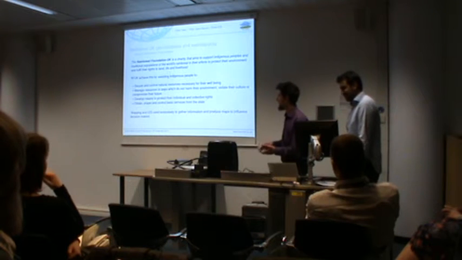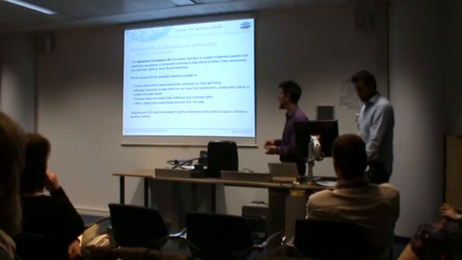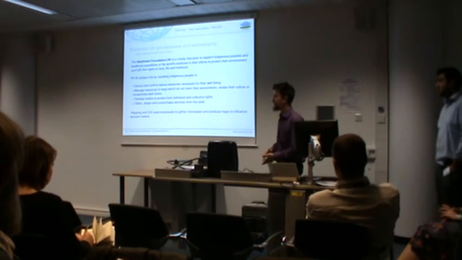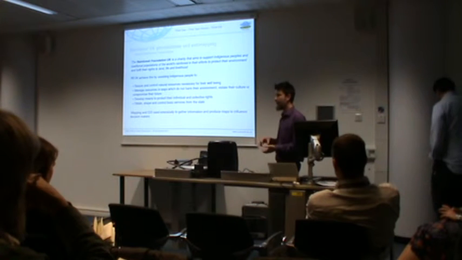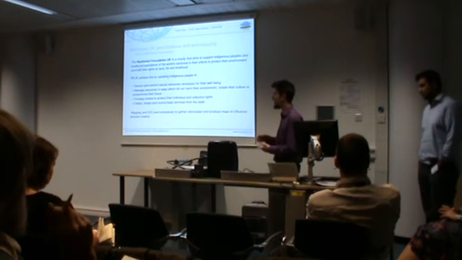This part of the presentation is going to be a showcase for a project we've been participating in recently. The client is a UK-based charity called the Rainforest Foundation UK, and the presentation will describe their adoption of open source GIS and how that's been useful for them.